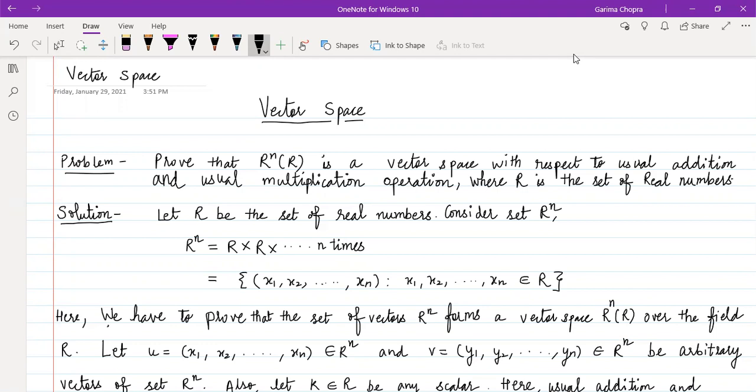So let R be the set of real numbers. And then we are considering this set V, which is the set of vectors, which is here Rn. We are taking here the Cartesian product n times.